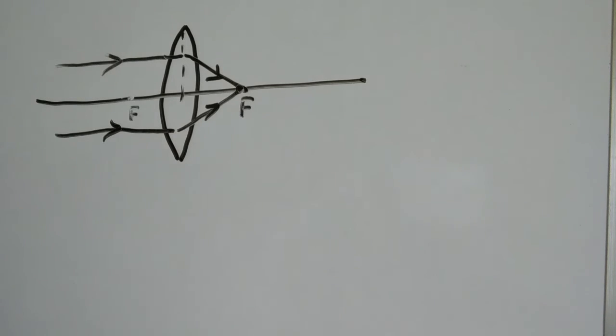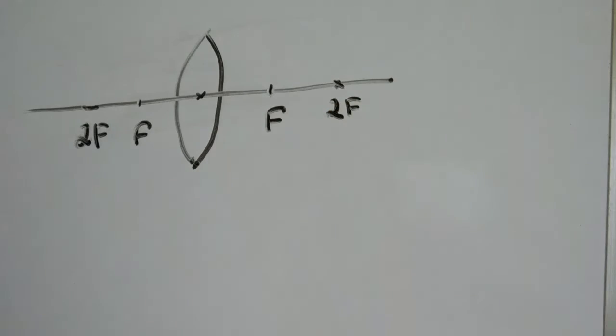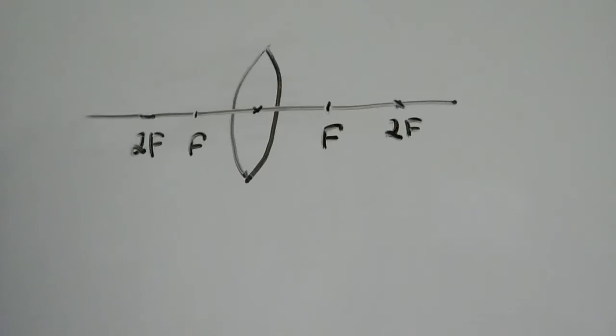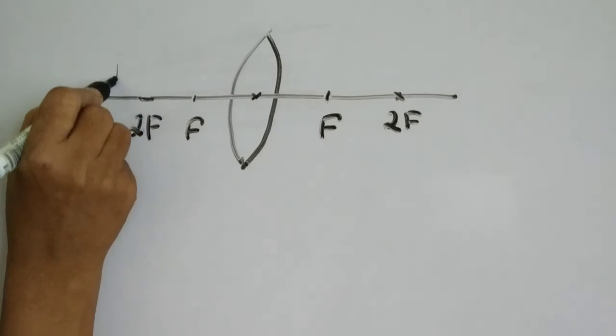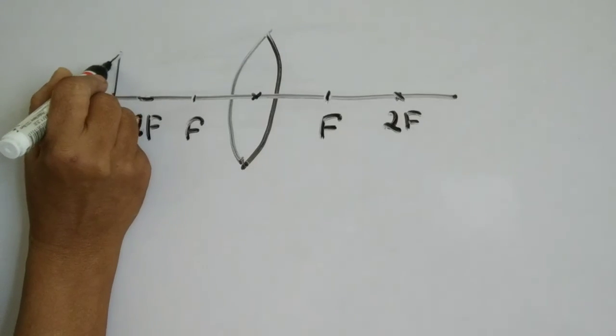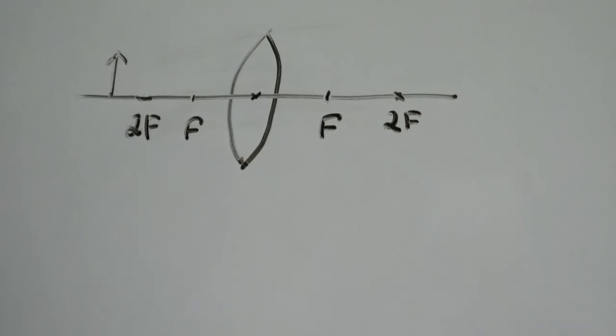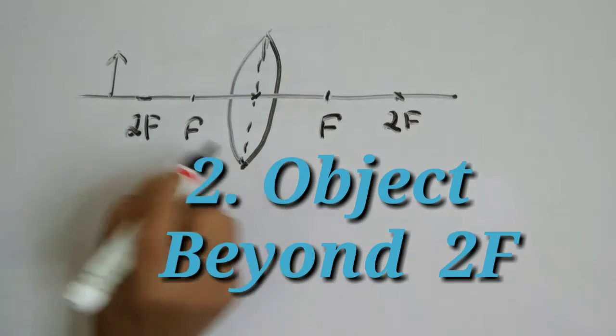Next, we are moving the object towards the lens. That means the second case, beyond 2f. From infinity we are moving the object towards the lens, so the object is placed beyond 2f. In that case, the same rules we are applying.